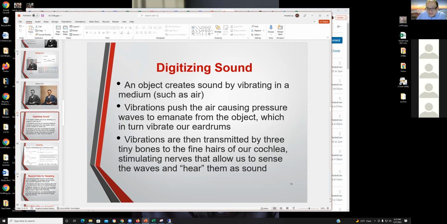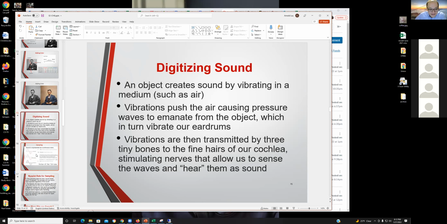That's what this is describing here. An object creates sound by vibrating and pushes the air. These vibrations push the air, causing these waves to come across and hit your eardrums. Your eardrums go back and forth and convert that to a signal in your brain, and that's how you recognize that to be a sound.